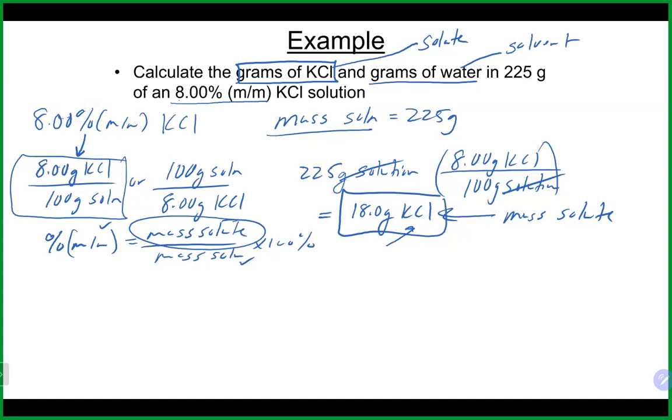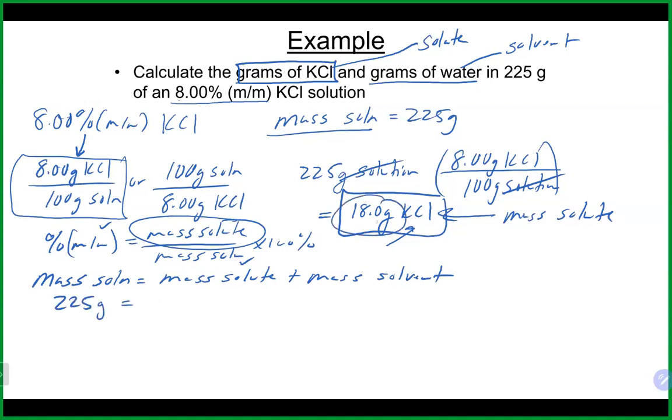Now that I have the mass of the solute, that's helpful because I know that the mass of the solution is equal to the mass of the solute plus the mass of the solvent. I know the mass of the solution is 225 grams. The mass of the solute I just calculated as 18 grams.